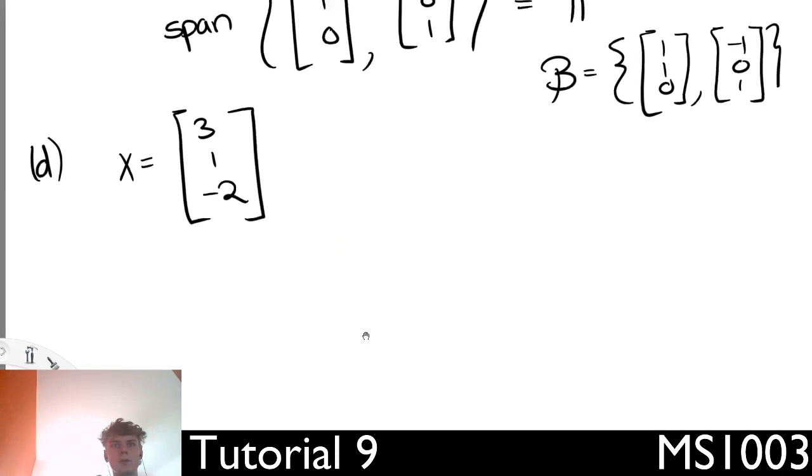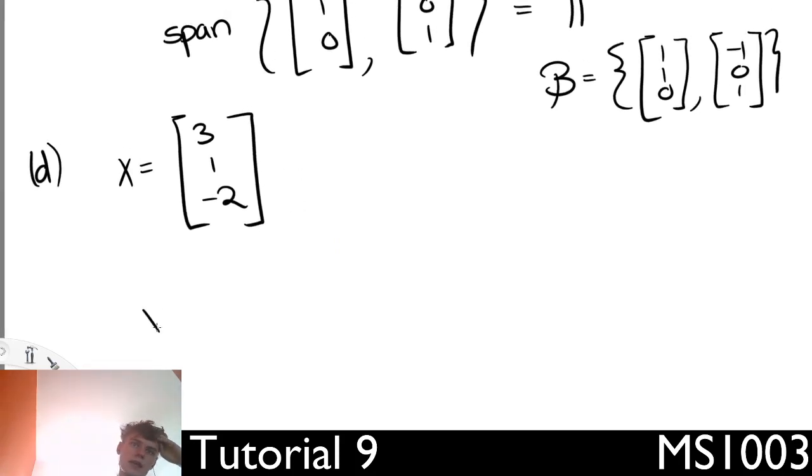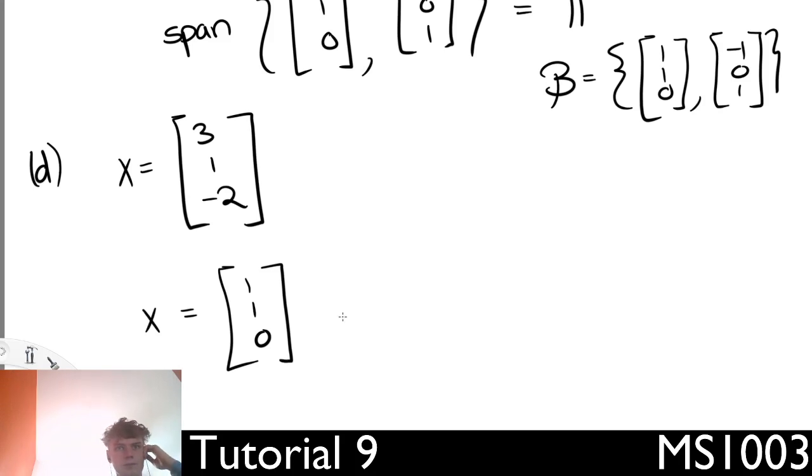Okay? So x, we can break it apart. Let's say we took our first vector 1, 1, 0, and we added to it, or maybe we subtract from it the other vector, and I put in a 2 here.